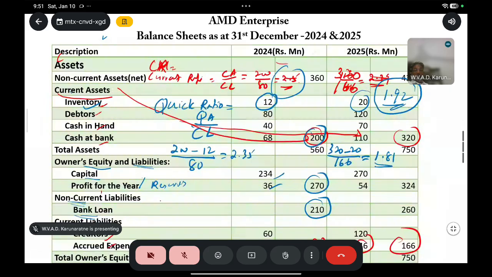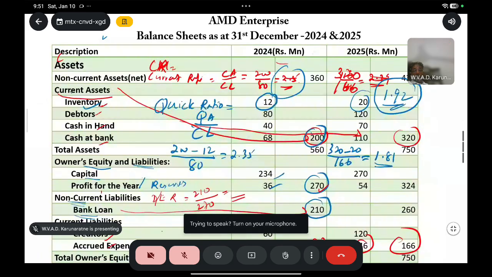The debt equity ratio is debt capital over equity capital. Debt capital is loan capital, 210, over owner's capital 270. Then you can obtain the answer.